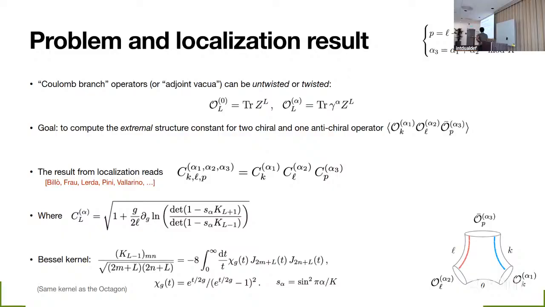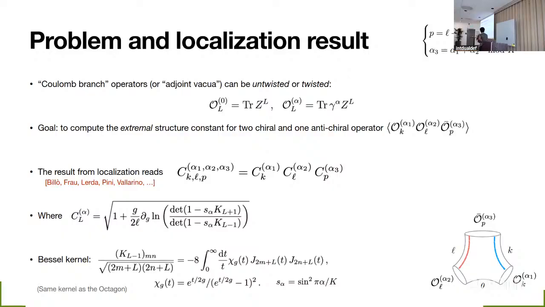And the localization results take this factorized form. It's roughly one factor per operator, and they are written in terms of some Fredholm determinants with some Bessel kernel that appears in many other places in superconformal field theories.